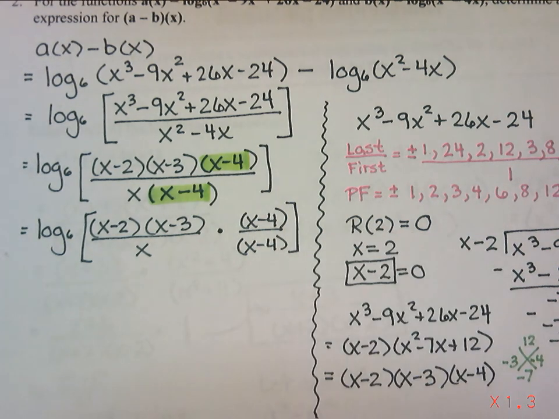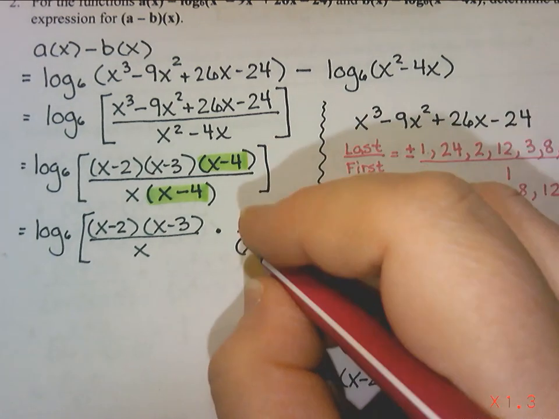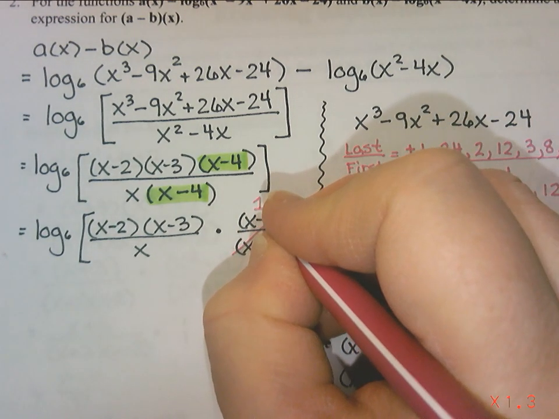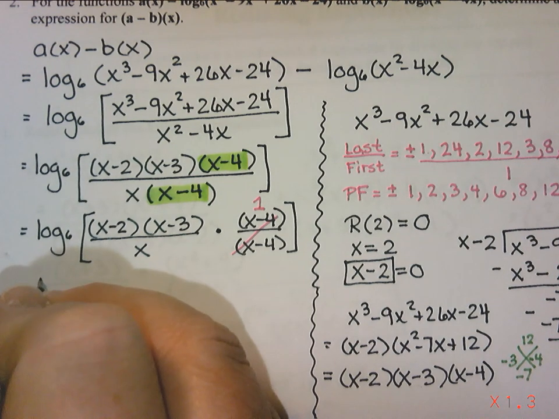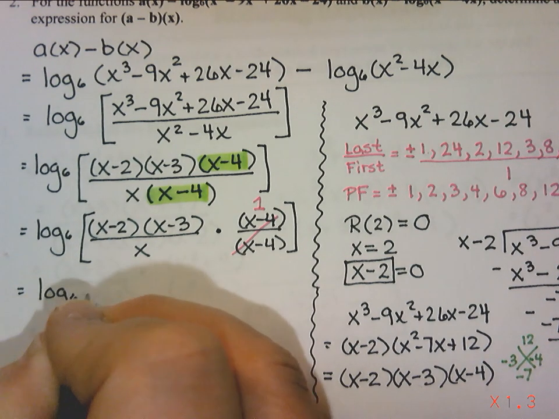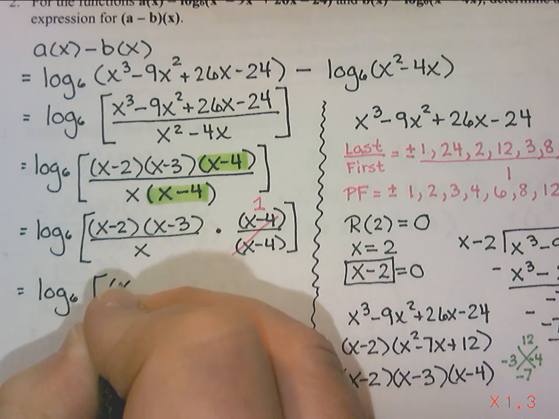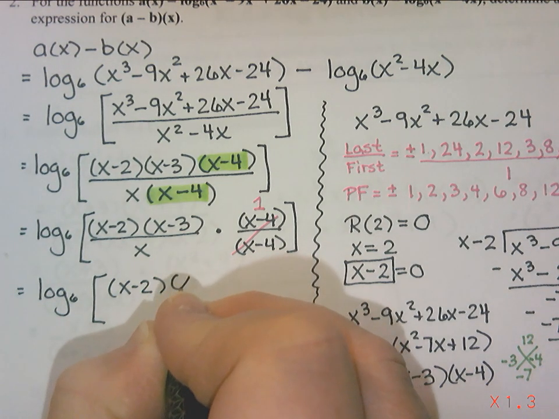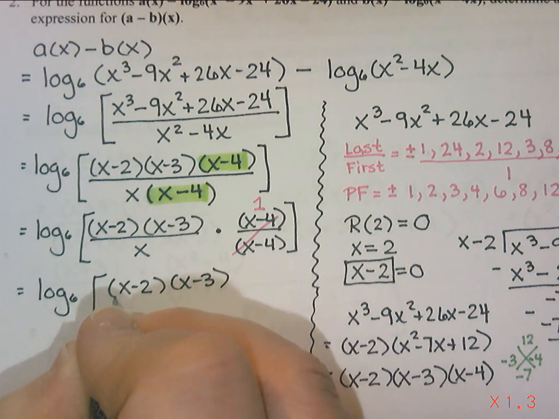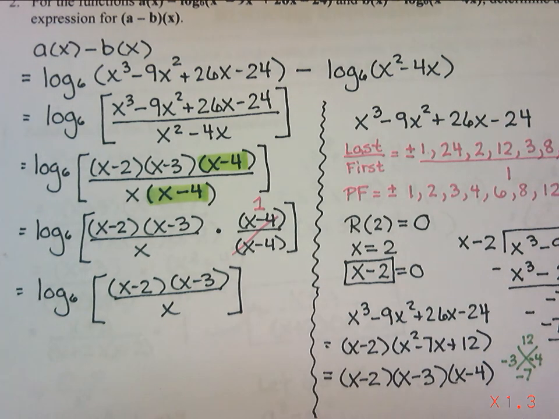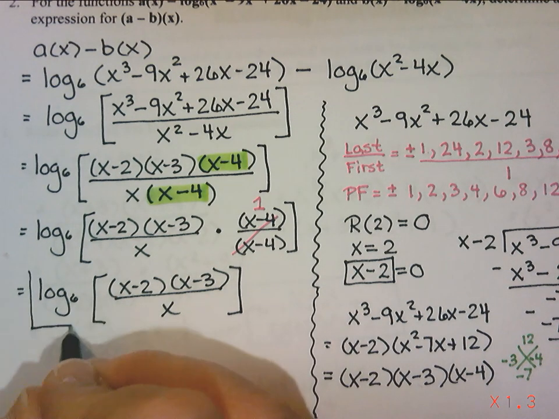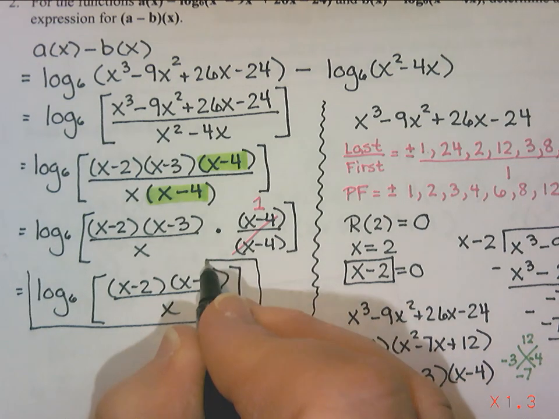The x minus 4 times x minus 4 is just 1. Right, those are going to divide to give me a 1. And then anything times 1 is itself. So I'm just going to get log base 6 of x minus 2, x minus 3, and then divided by x. And that is going to be my final reduced answer.